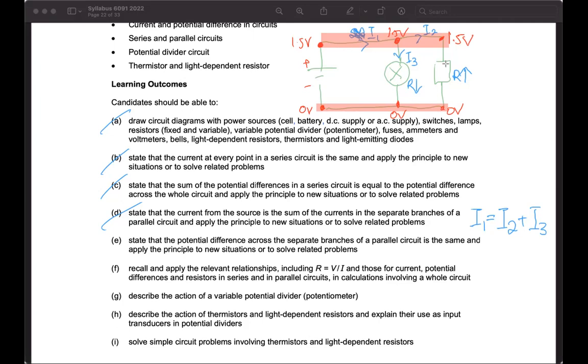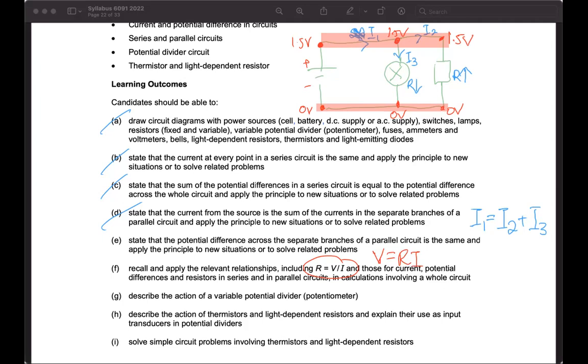So now you understand the basics of series and parallel. Then we can start to solve problems. All the problems that you calculate will use this formula: R equals V over I. Or I like to remember V equals IR. They are all the same, just which one is the subject.